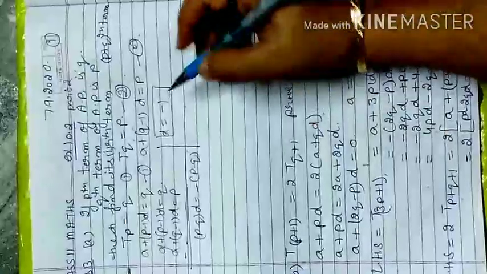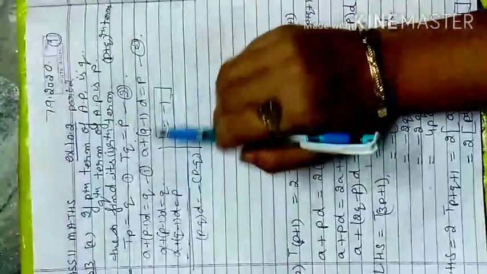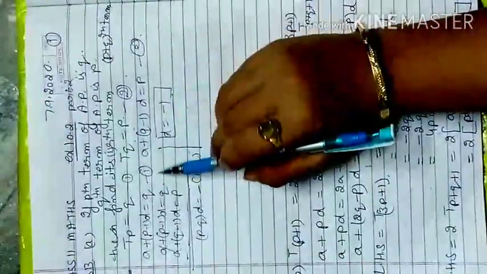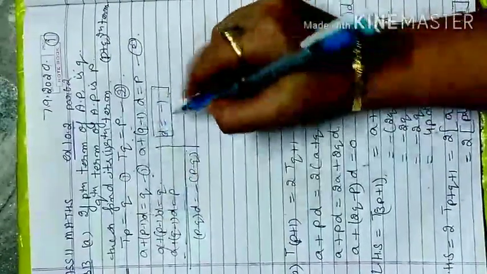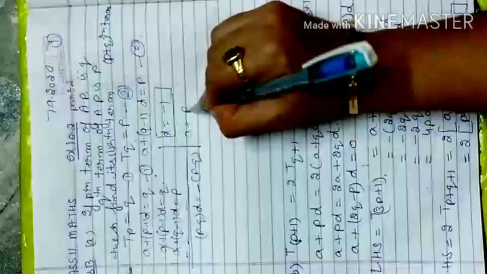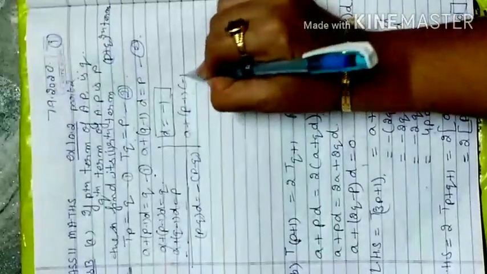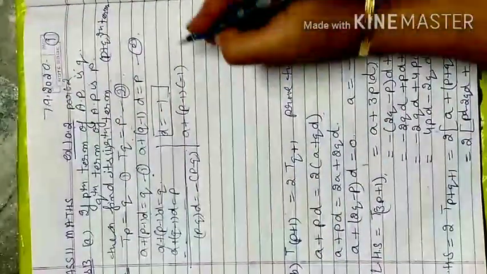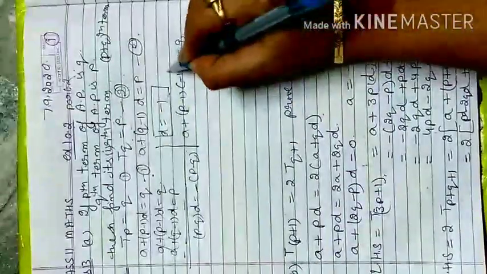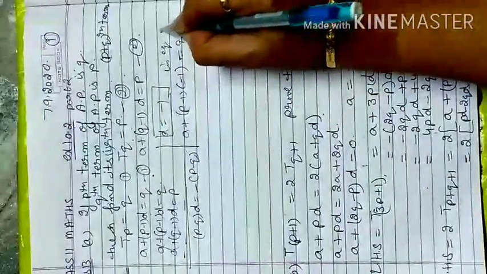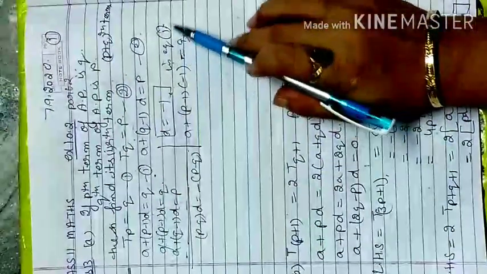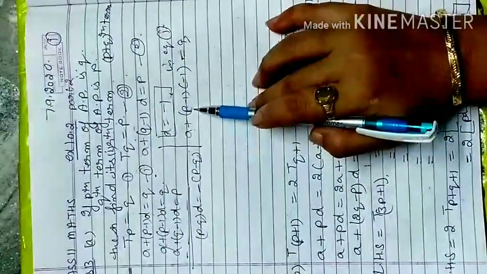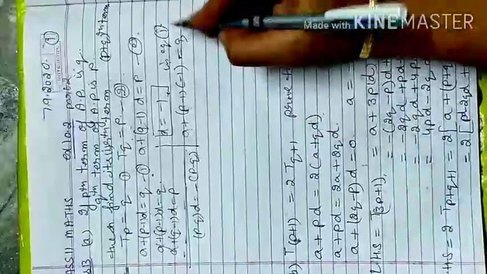Now to find the a value, you substitute the d value in any one equation. If I substitute d equal to minus 1 in equation 1, it becomes a plus (p minus 1) times minus 1 is equal to q.